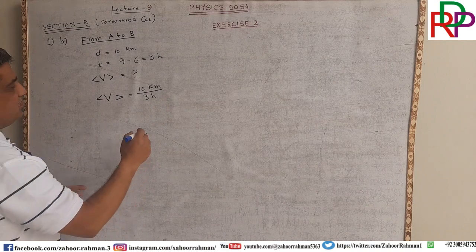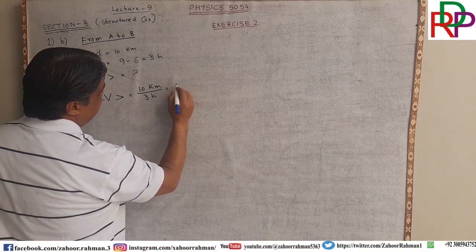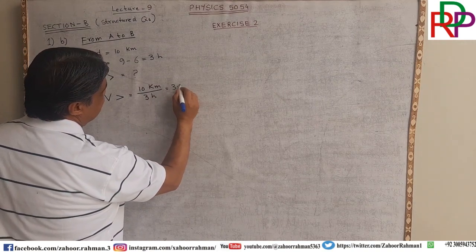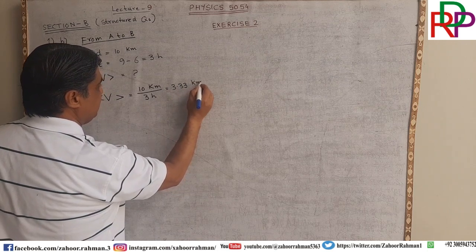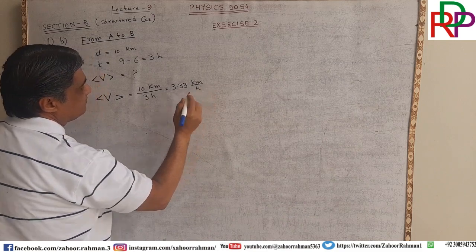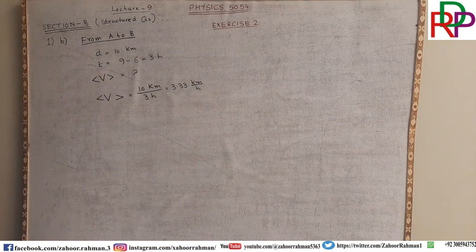So when we divide 10 by 3, it is 3.33 kilometer per hour, and that is the answer.